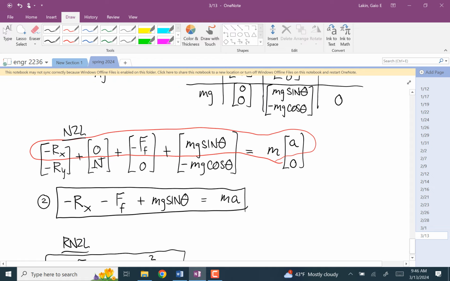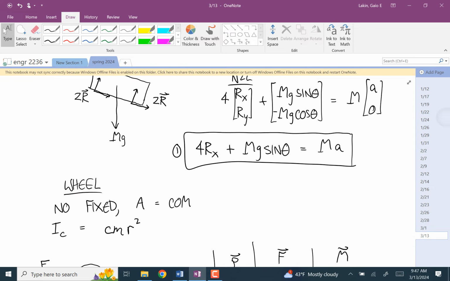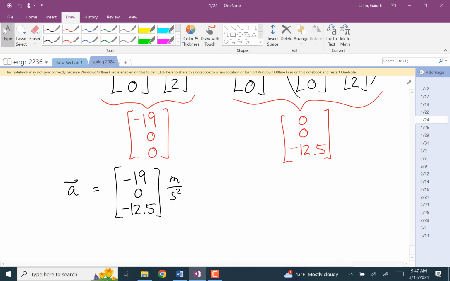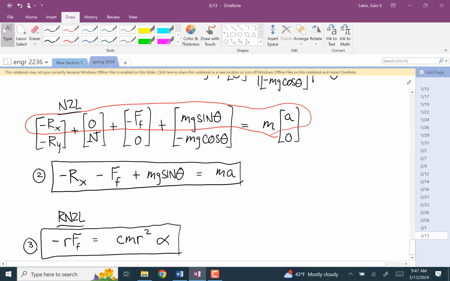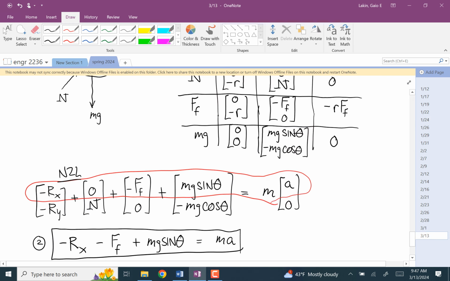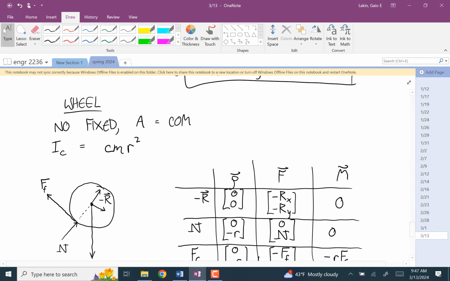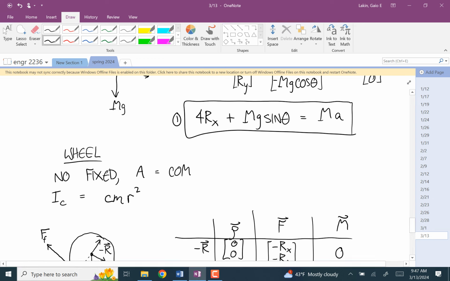Okay, can we solve it yet? Well, you can figure that out by just counting variables and counting equations. We have 3 equations, and for variables, we have Rx.